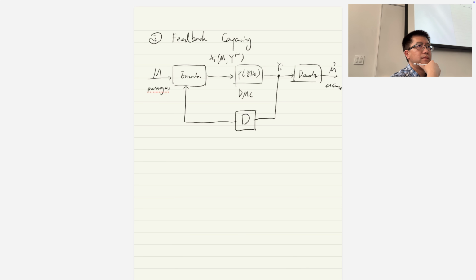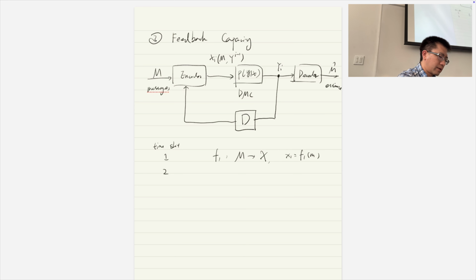Does that make sense? So it means that in the first time slot, we have an encoder function f1. At the first time slot there's no feedback, so we encode the message m to x, and x1 equals f1 of m.